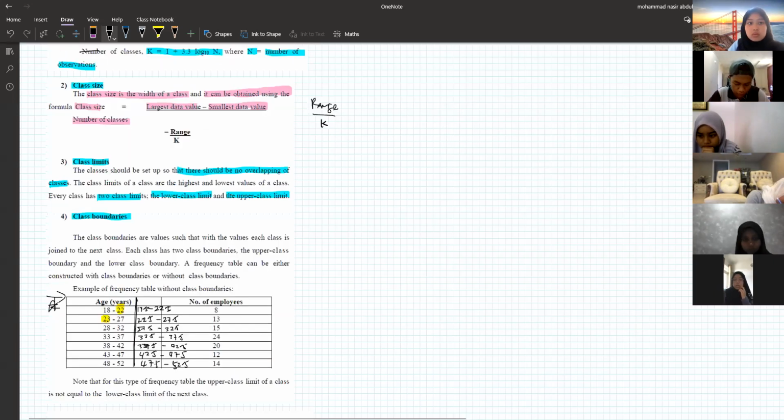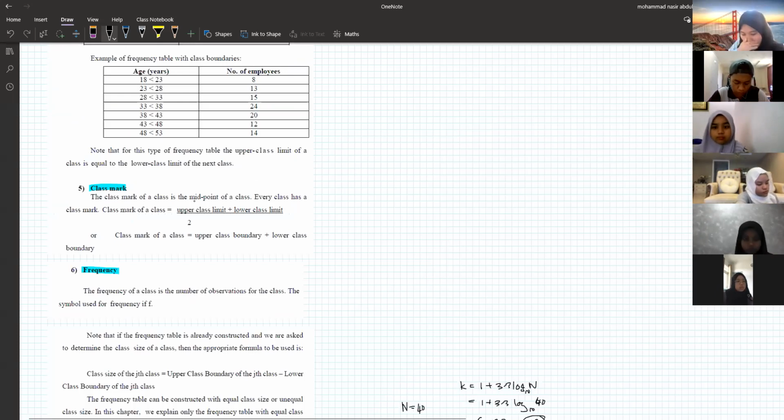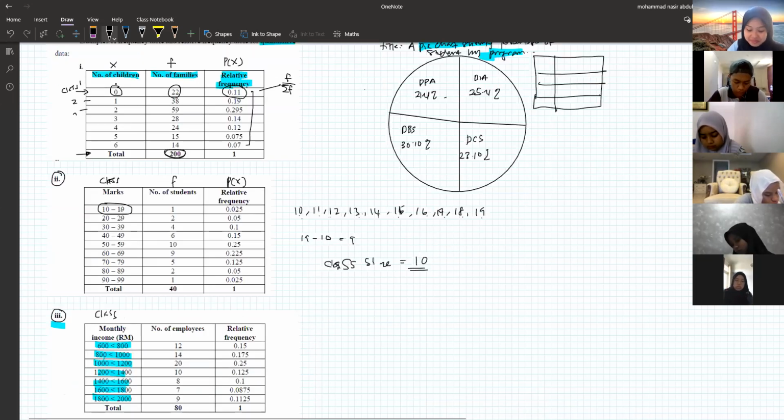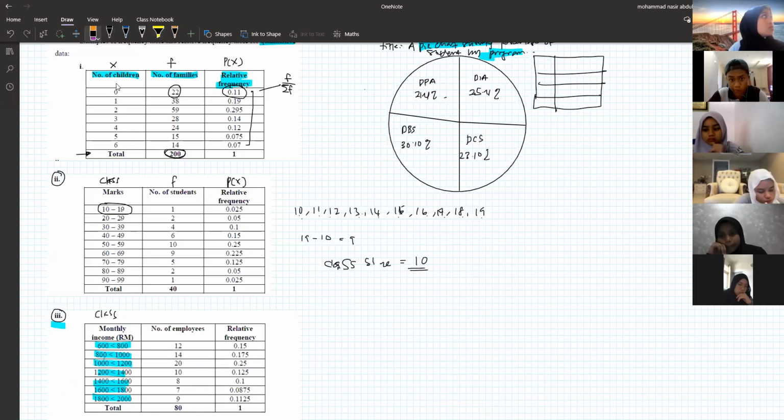So next, what we need to look at is the class mark. Class mark, right? If you recall this table, the first table, each class has only one single number, which is 0, 1, 2, 3, 4, 5, 6.